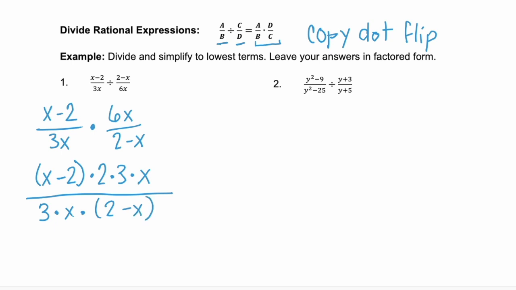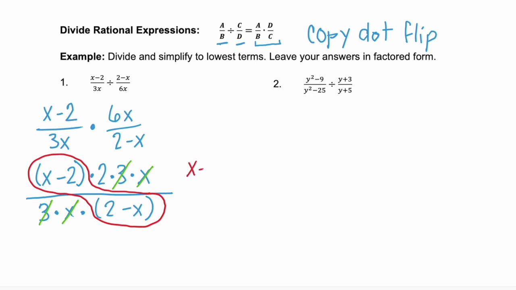So now we look for anything that they might potentially have in common. The numerator and the denominator both have factors of 3 in common, so those simplify out. And they also have the x in common. But the one that should stick out, because they're opposites of each other, is x minus 2 over 2 minus x.